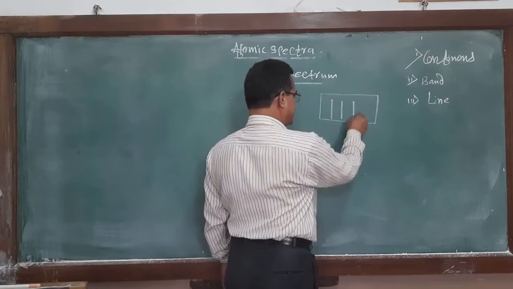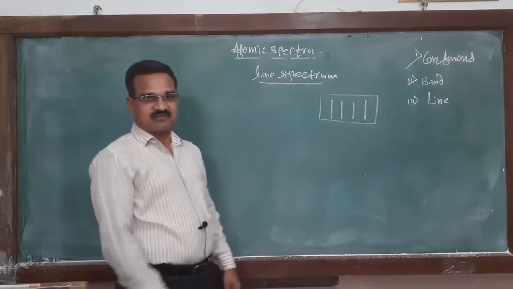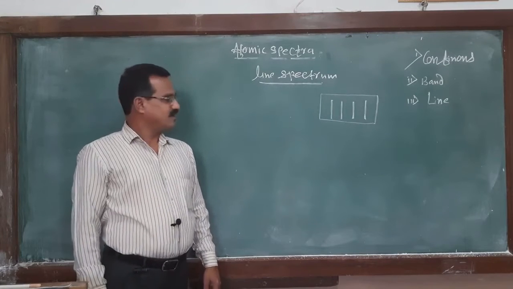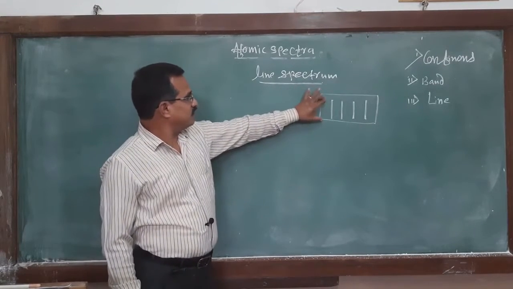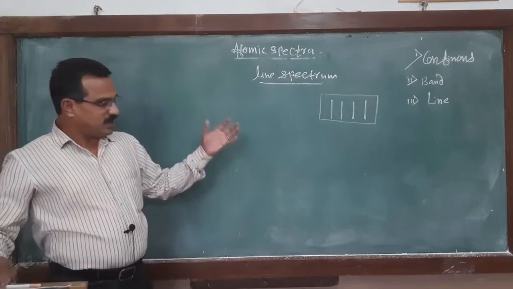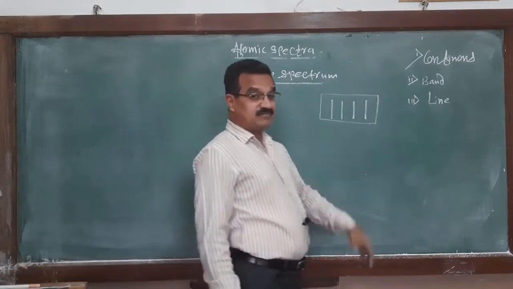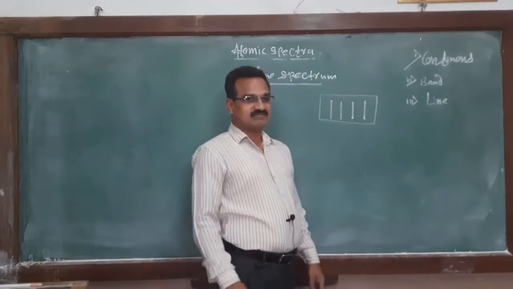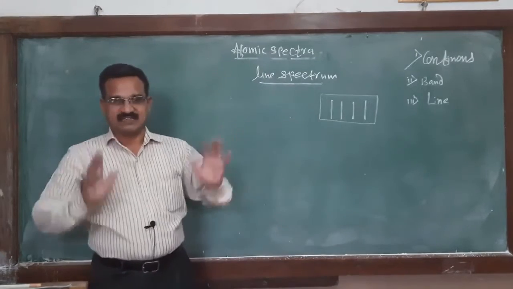These are the lines that are of fixed frequency, and that spectrum we call a line spectrum. Such a spectrum can be obtained by exciting the gas or by de-exciting the gas.